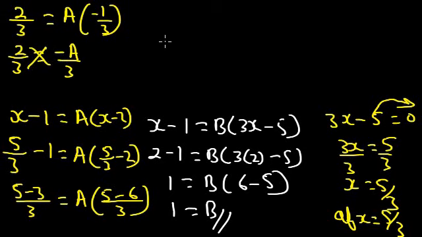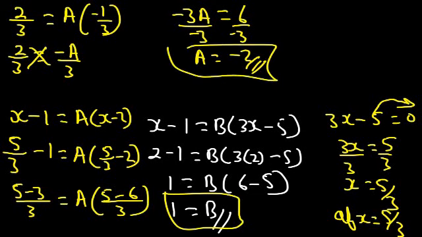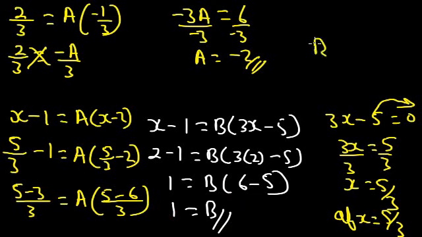Then cross multiplying, we have negative 3a equal to 6. Dividing by negative 3, a will be indeed equal to negative 2. And that's the value of a. b is 1, a is negative 2. Now that we have all that, we can get the partial fractions.